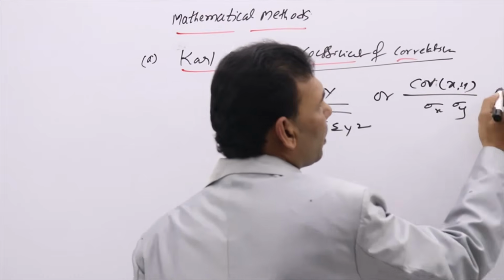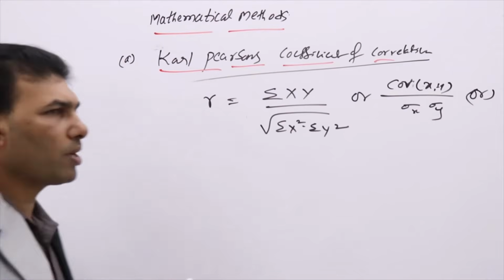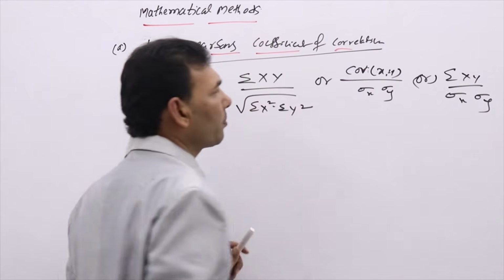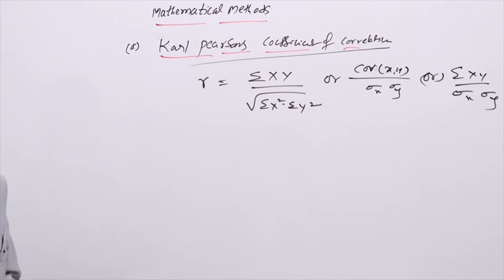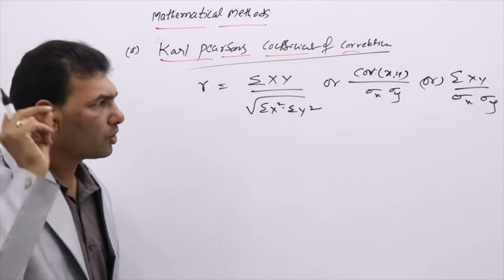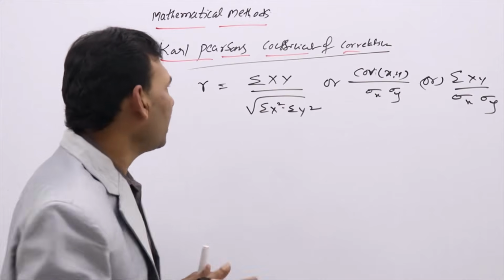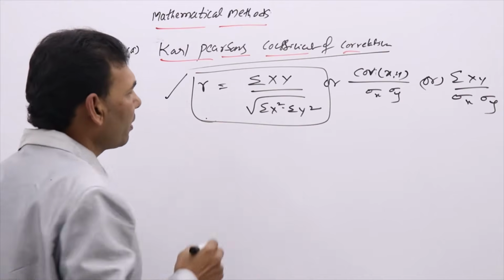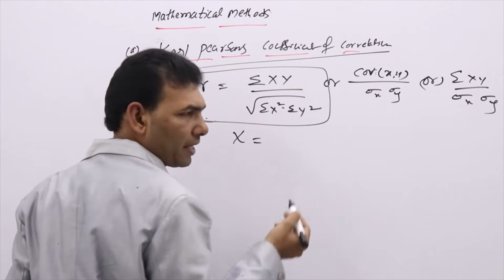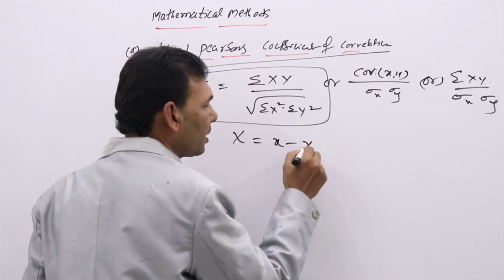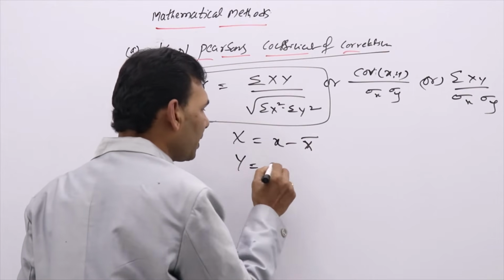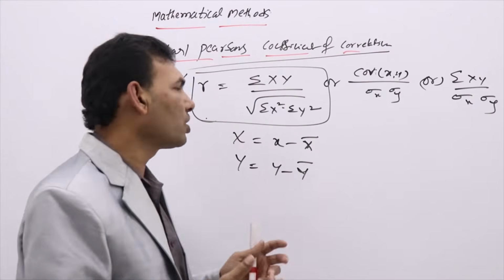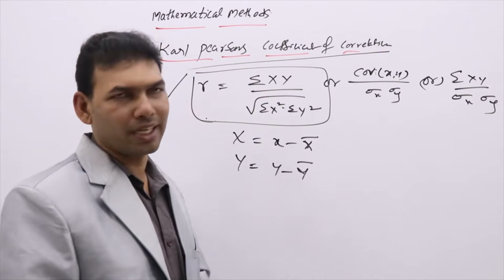So there is one more formula, sigma xy by sigma x into sigma y. Like this, one can evaluate the coefficient of correlation using different formulas. But we prefer this one when a series of numbers is given, where capital X is x minus x bar and capital Y is y minus y bar, whenever the values are large numbers, to make the calculation simple.